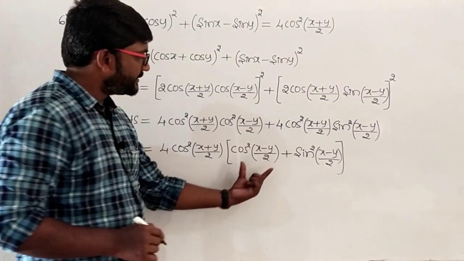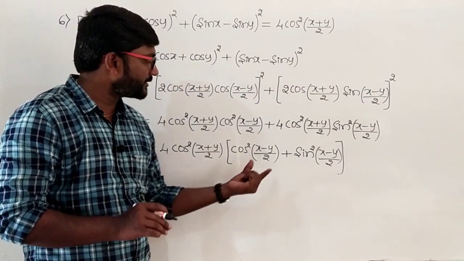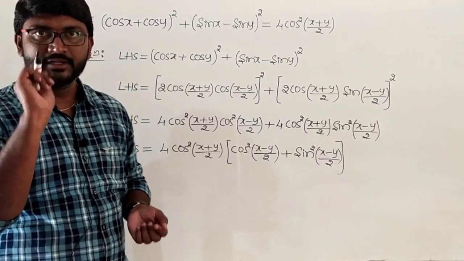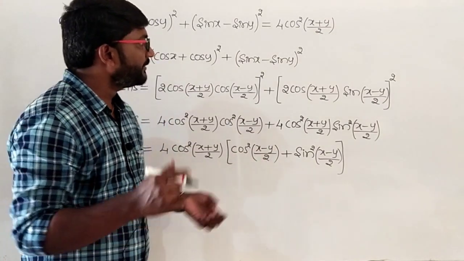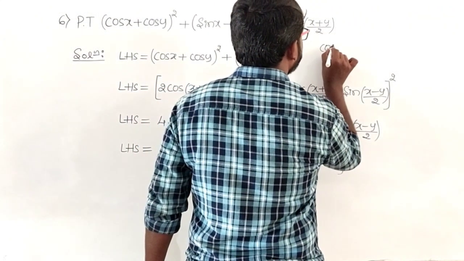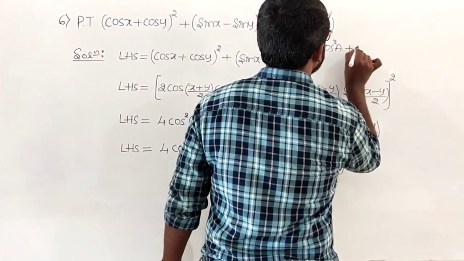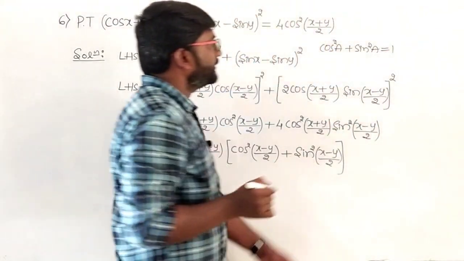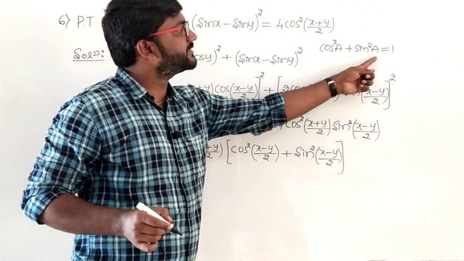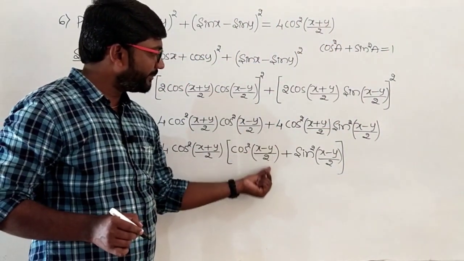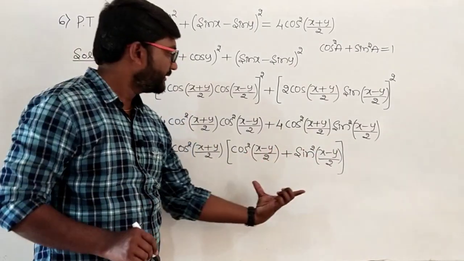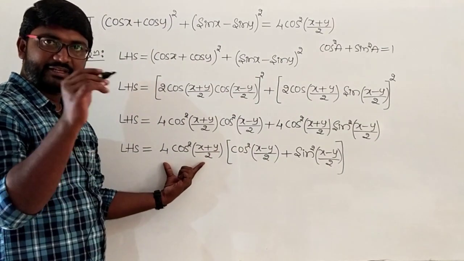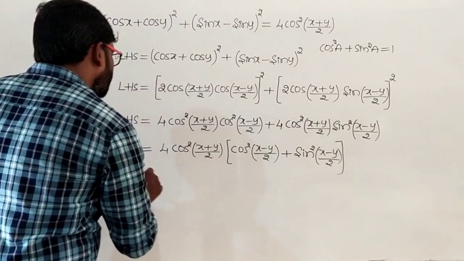Now what is this formula? It is in the form of cos square x plus sin square x, which is always 1. Here the angle is the same. For example, if it is cos square a plus sin square a, then the answer is 1. So here we should have the same angle. The angle (x minus y) by 2 is the same in both, that means this is going to be 1. 1 into this term, we get 4 cos square of (x plus y) by 2.